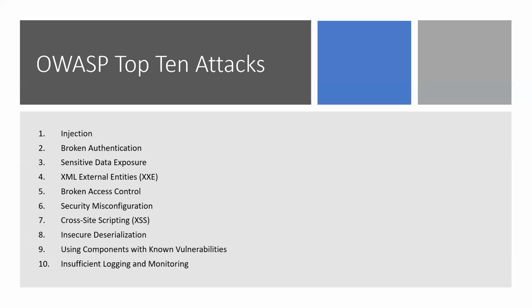For the ninth attack, we have using components with known vulnerabilities. One of the advantages today's developers have is that most of the core functions you are trying to perform have probably already been written and included in an existing software package. So it is probably open source, right?